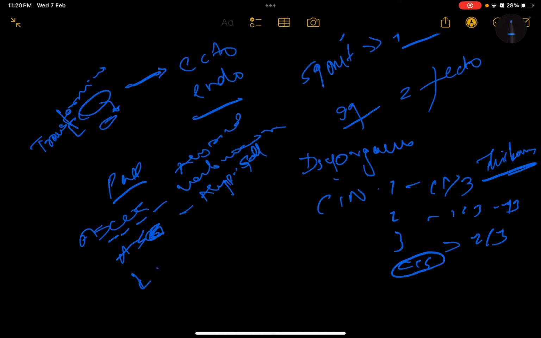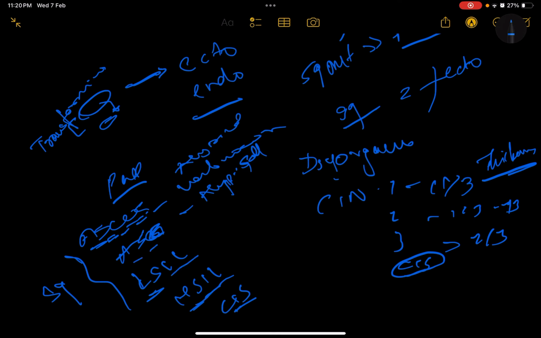Then we've got LSIL, low grade squamous intraepithelial lesion. Then HSIL, high grade squamous intraepithelial lesion. Then we've got carcinoma, very important, right? So these are the squamous cell changes that you can see: ASCUS, ASC, LSIL, HSIL, and carcinoma.